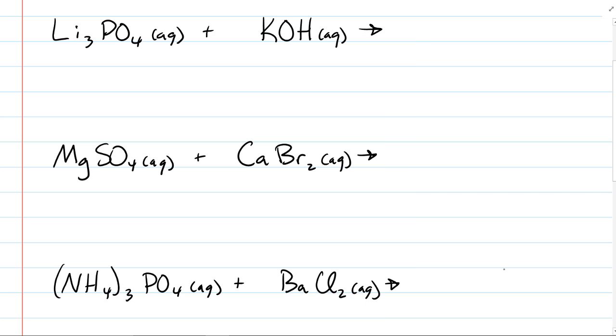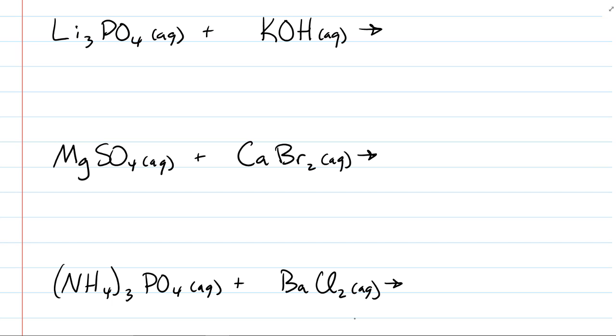So for these three, here are your instructions. The instructions are to complete and balance these chemical equations. However, I will tell you one of these three is no reaction, only one of them.